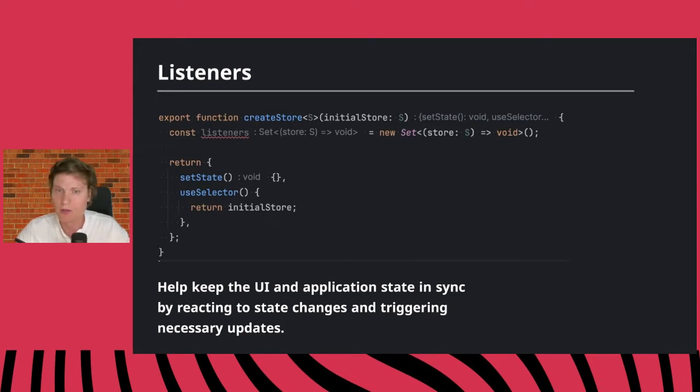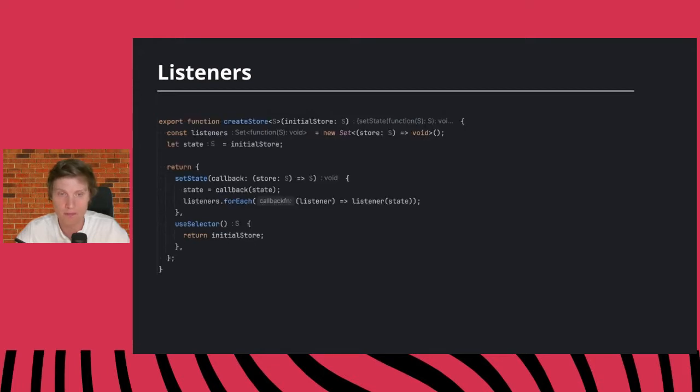So literally, we need to create something that is going to notify that, hey, there's an update. And for that reason, we need to create the listeners, which is going to be a set of functions with the store as an argument, and those listeners will notify us about updates.